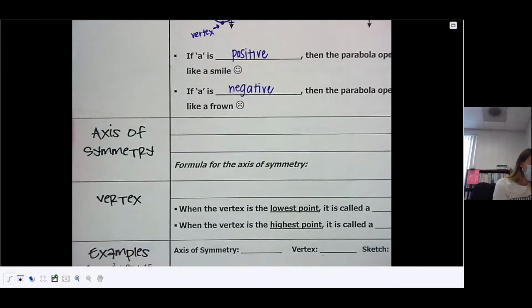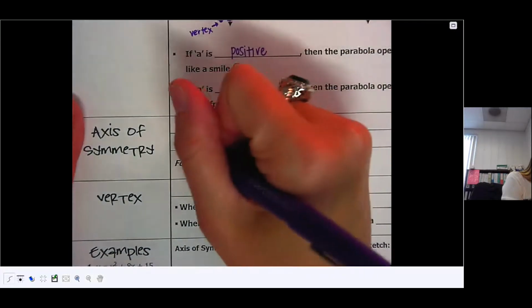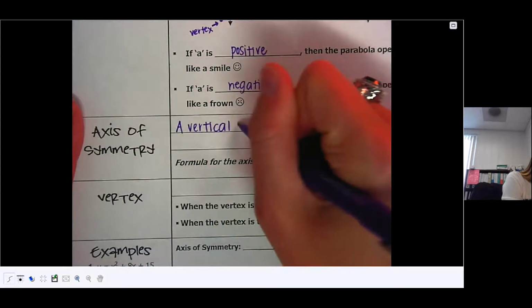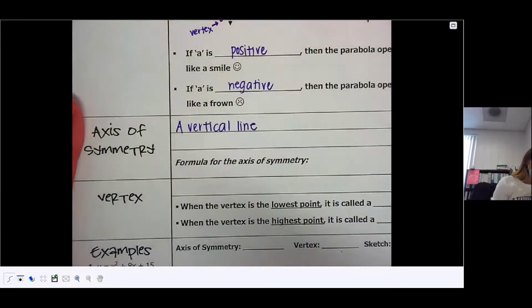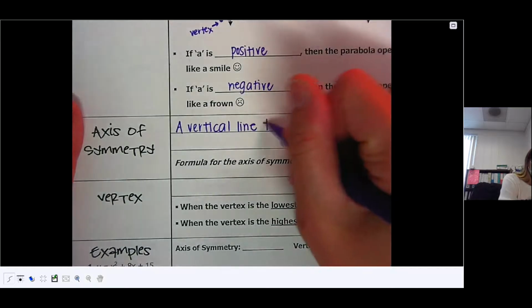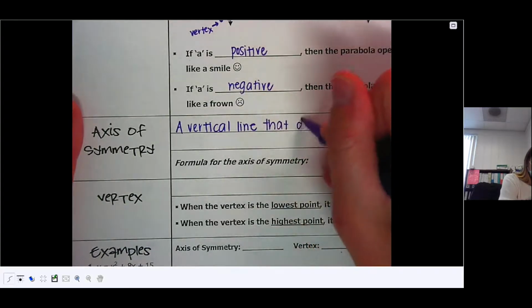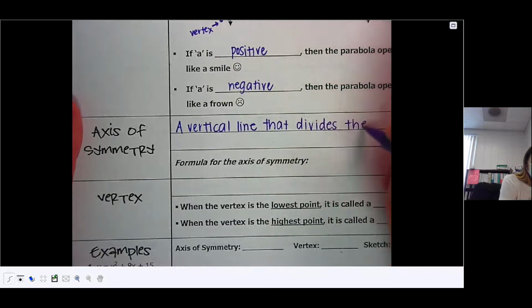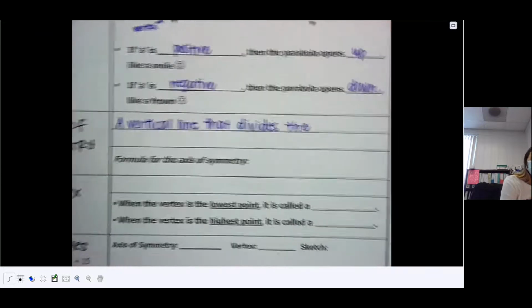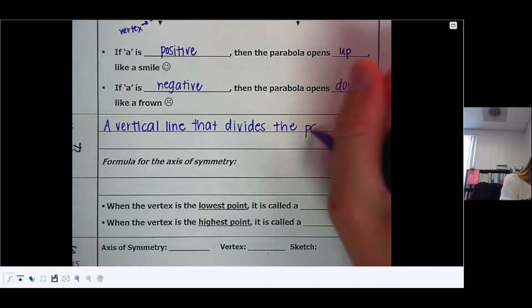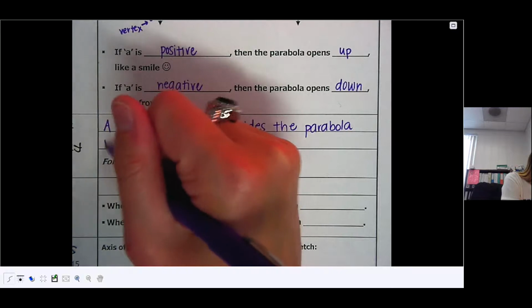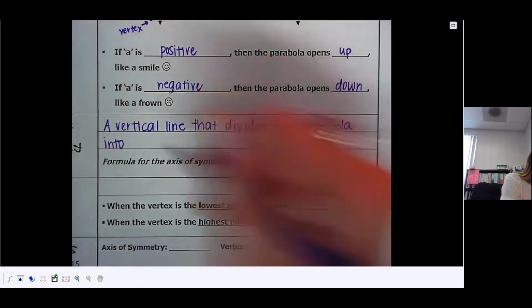The axis of symmetry is a vertical line that divides the parabola into 2 equal parts.